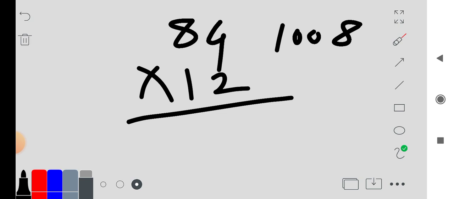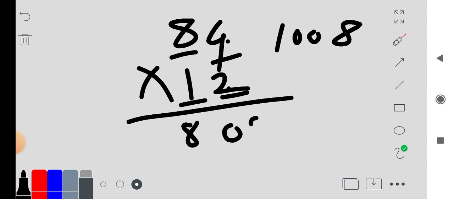First multiply tens digit, that is 8. Now multiply unit digit. 4 into 2 is nothing but 8. Write it as 08, that is two digit number. So 8 appended with 08, it becomes 808. This is the first number, and we remember it in our head.